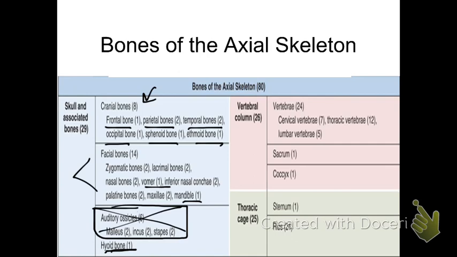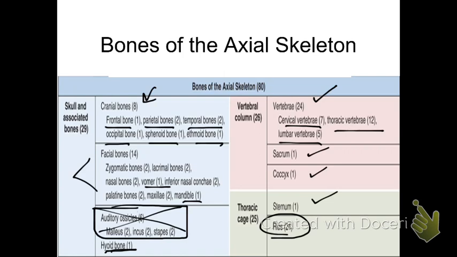You have 24 vertebrae. We'll talk more about those in a moment. Broken up into 3 large groups, 7 cervical, 12 thoracic, and 5 lumbar vertebrae. You have only 1 sacrum and only 1 coccyx. You have 1 sternum, and then you have 12 pairs of ribs.